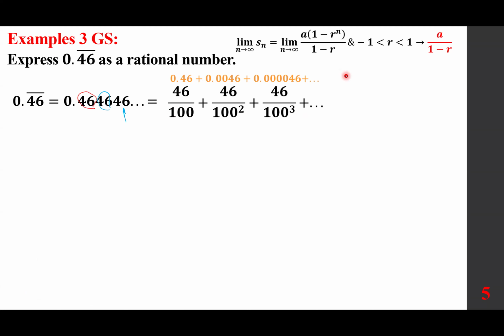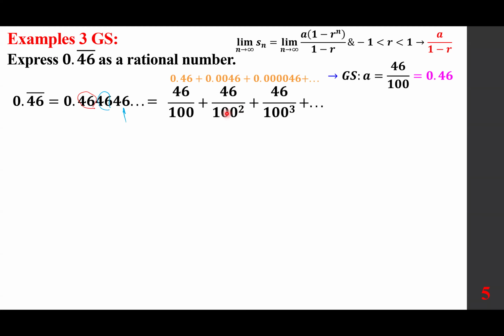Understand that we are looking at the geometric series because we are adding up. And so what happens is, here's our first term, A is 46 over 100 or 0.46. You don't have to simplify it for a reason. I want you to see what is the first one. And R, notice this is 100 squared or 10,000.